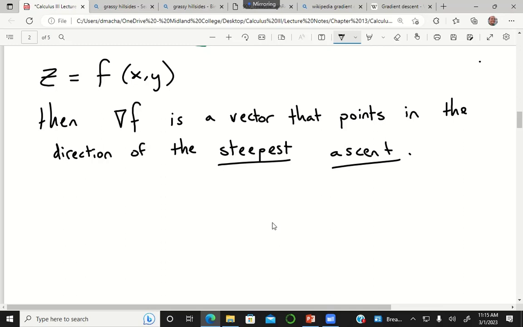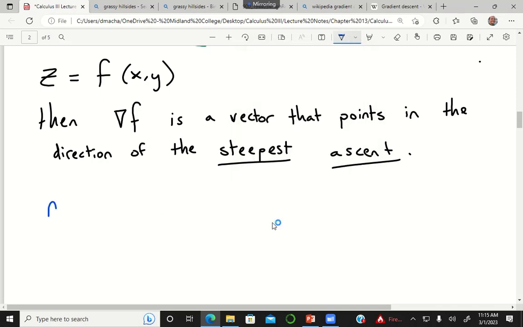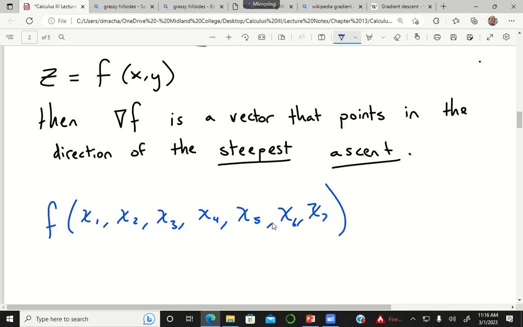But this doesn't just apply to 2 or 3 variable functions. You could have some function of like 5 variables or 6 variables or 7 variables. And if I have a function of 7 variables, maybe I'll name them all x, but use subscripts to tell the difference between my variables. Otherwise, I'll run out of letters to use.